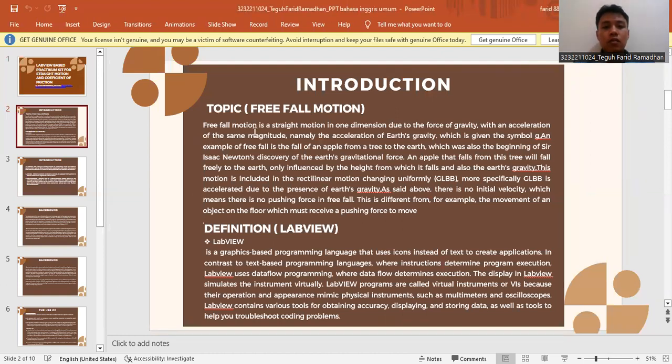Free fall motion is a straight motion in one dimension due to the force of gravity, with an acceleration of the same magnitude, namely the acceleration of Earth's gravity, which is given the symbol G. An example of free fall is the fall of an apple from a tree to the earth, which was also the beginning of Sir Isaac Newton's discovery of the Earth's gravitational force.